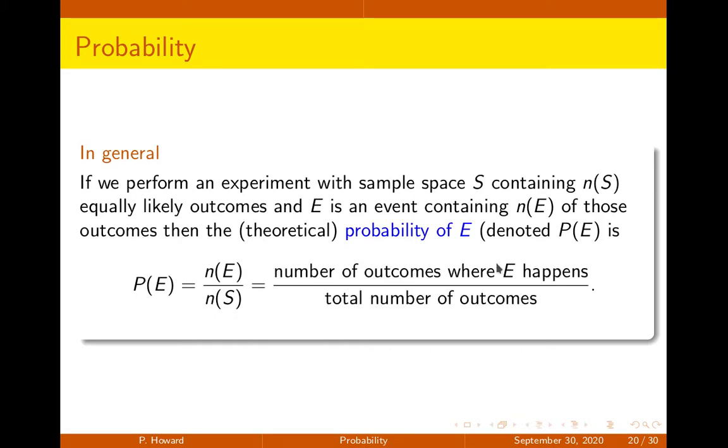So it's the number of outcomes where E happens divided by the total number of possible outcomes. This is a way of finding probabilities when you're talking about an experiment where all the outcomes are equally likely.